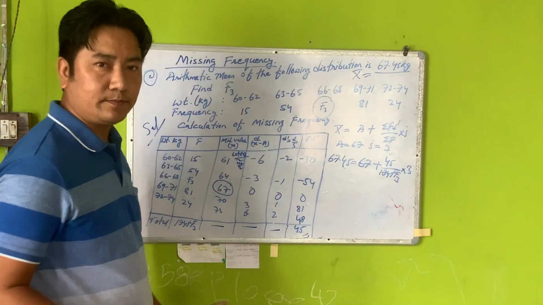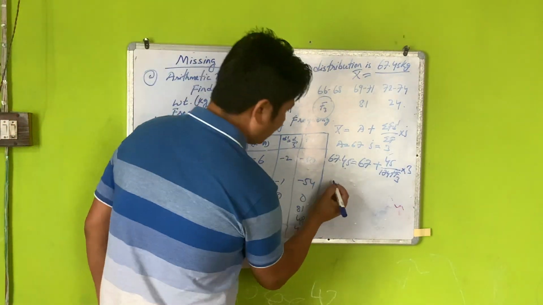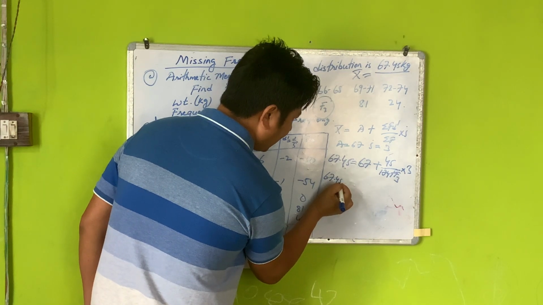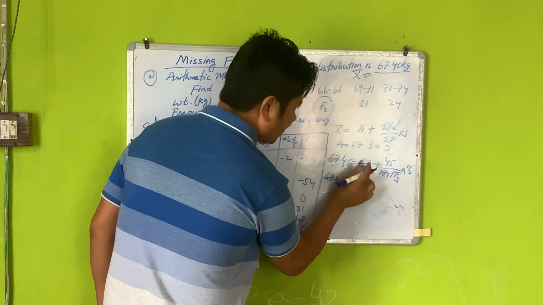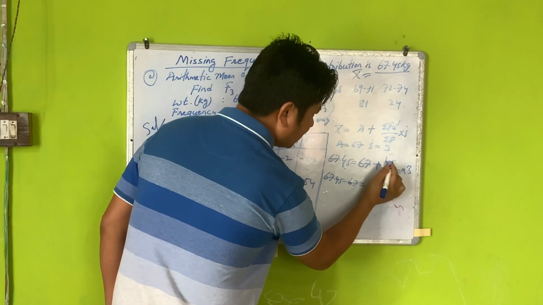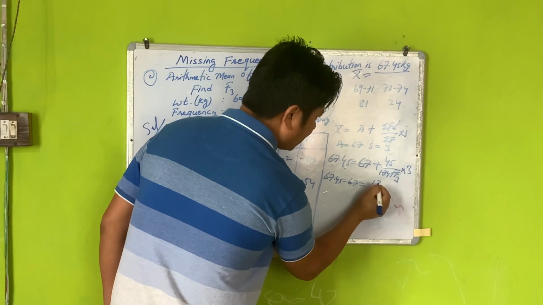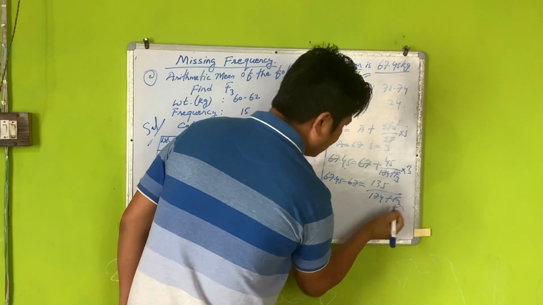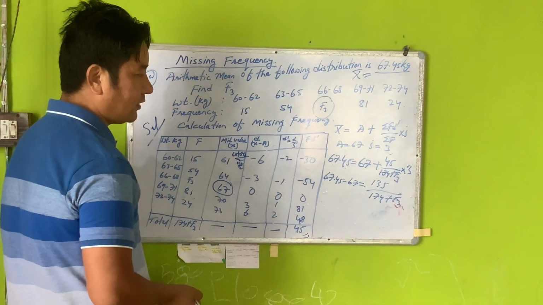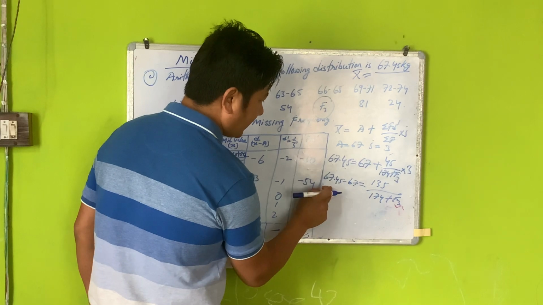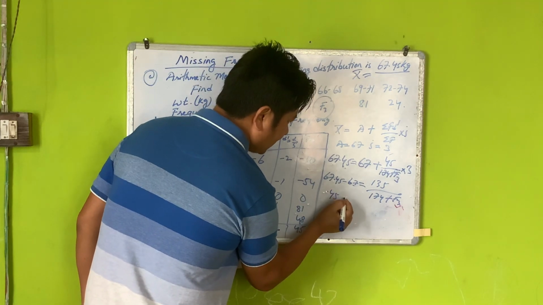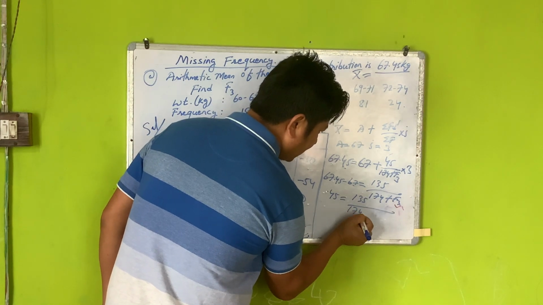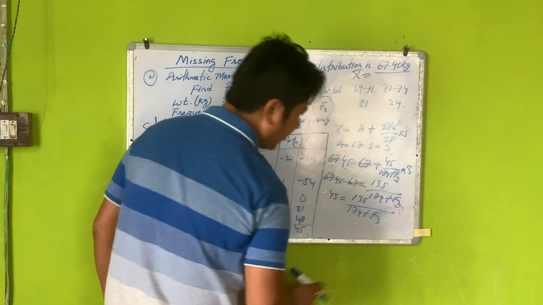Hope you understood this. Now what you have to do is bring this to the other side. 67.45 minus 67 is equal to 45 into 3, that is 135, divided by 174 plus f3. When you deduct, it will be 0.45 is equal to 135 divided by 174 plus f3.